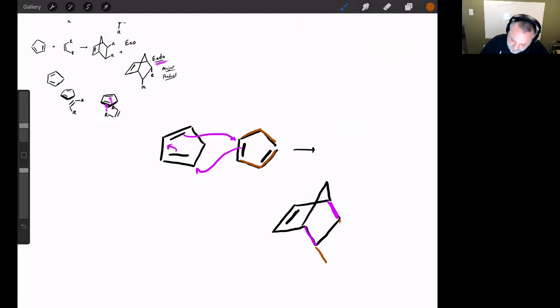Try to still make it a 5-membered ring. And then remember, where was the double bond? If this is where the double bond was that made the new sigma bond, this must be where the old double bond was that's still in that location.